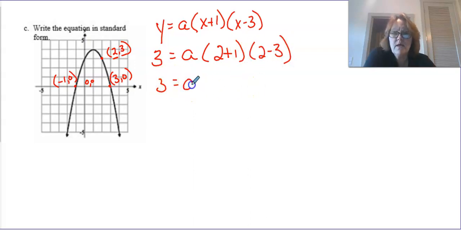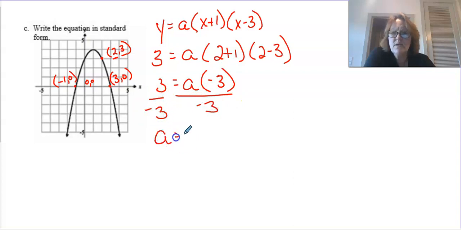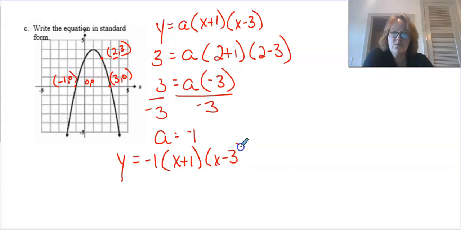3 equals a times, that's 3 times -1, so -3. Divide both sides by -3. a equals -1. So my original equation, I'm just going to rewrite it: -1 and then (x plus 1) and (x minus 3). And then I just need to multiply everything out.